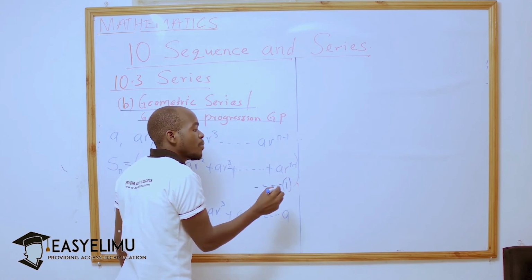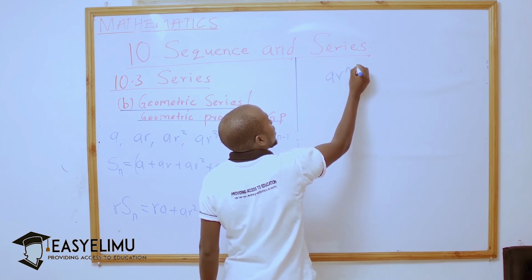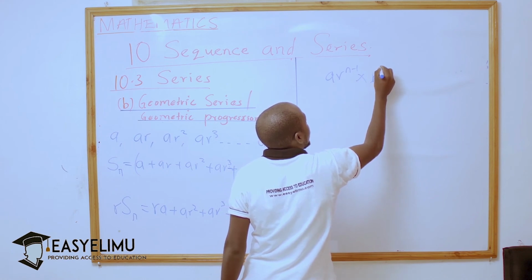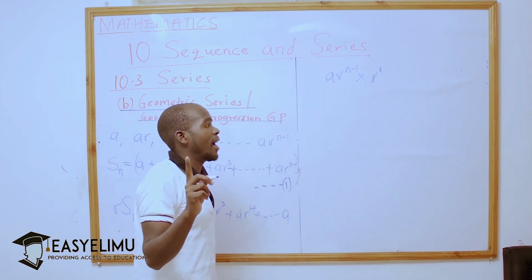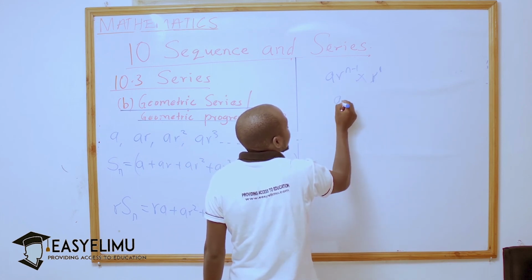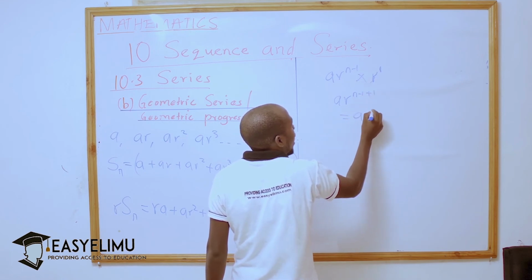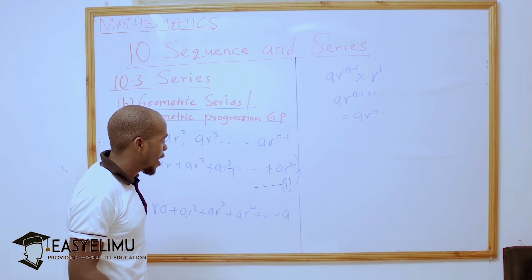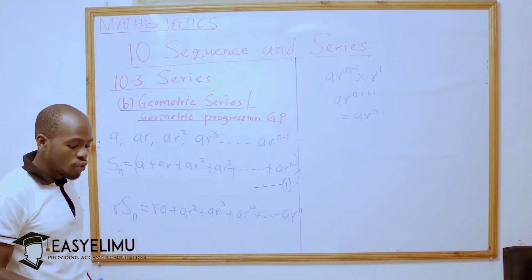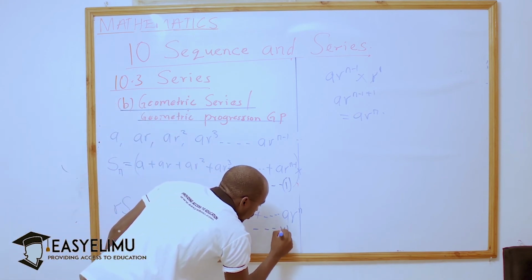Now look at this, you have AR raised to n minus 1, then you are multiplying by R raised to 1, only one R. So you will find it's just AR raised to n minus 1 plus 1, and this is going to give you AR raised to n. So meaning that the nth term will be AR raised to n. That is what we are going to have. So this one, call it equation 2.